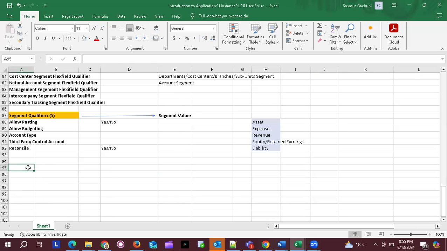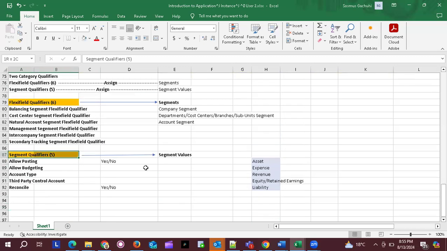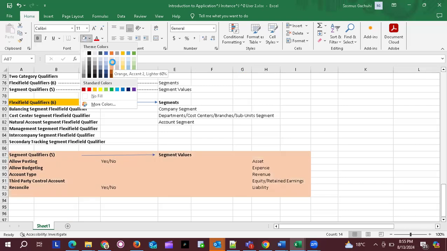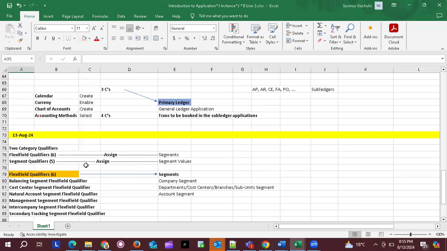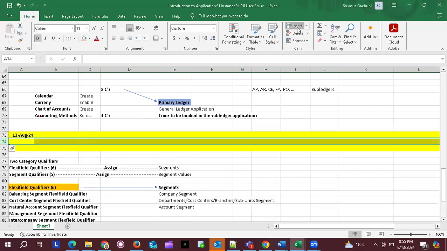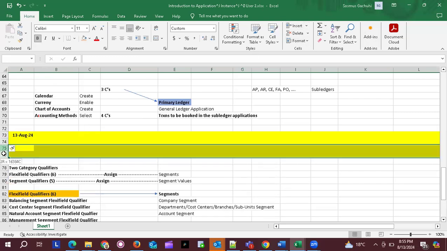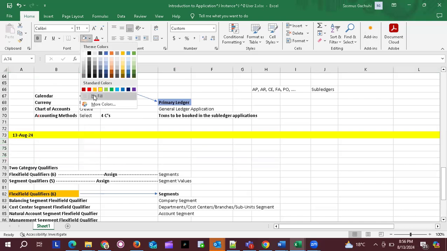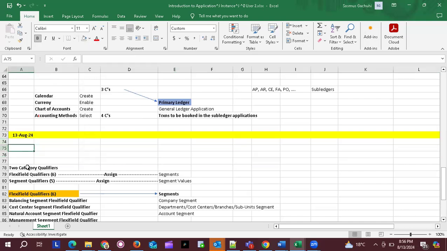So the navigation to reach all this, apart from the segment values, is about the accounting key Flexfield.